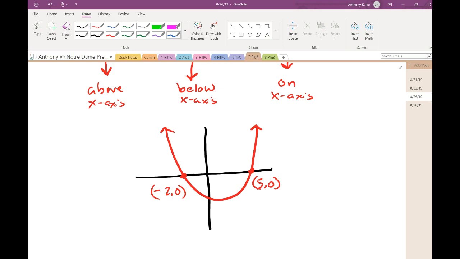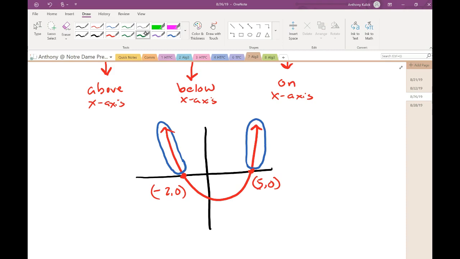So, how many positive parts of the graph do you see? 2. I agree. We say there's 2 positive parts of this graph because there's 2 parts where the graph is above the x-axis. Everybody agree with that? How many negative parts of the graph do we see?